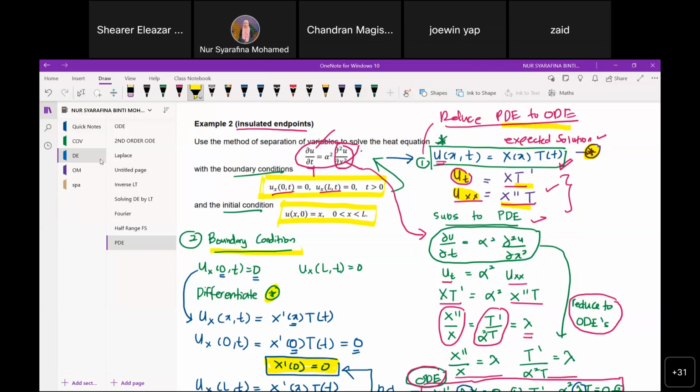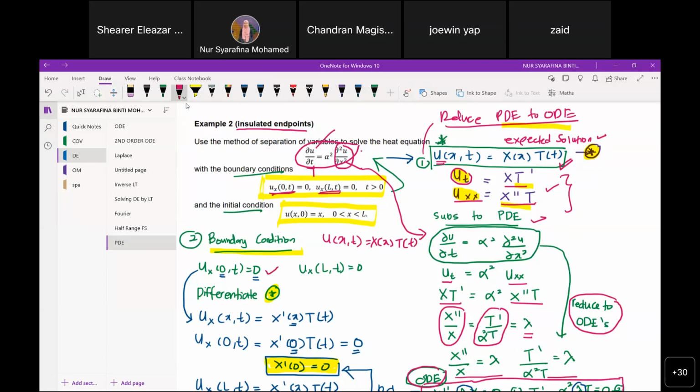Remember, we have our expected solution, u(x,t) equals X(x)T(t). The given condition involves u_x, where we differentiate u with respect to x.